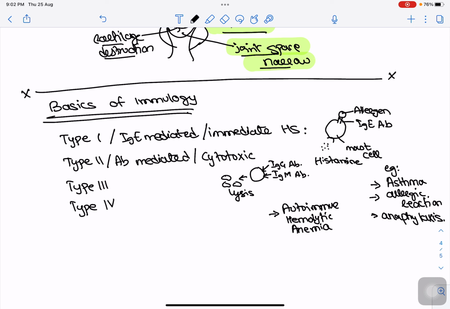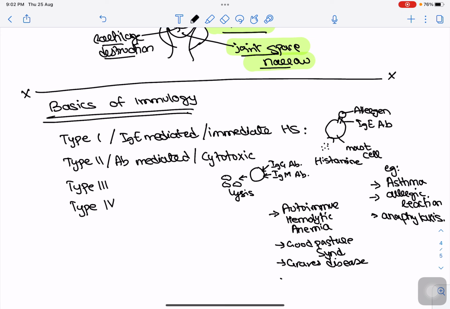Along with that, there is anti-glomerular basement membrane disease, or you may also say Goodpasture syndrome, which also is a type 2 hypersensitivity reaction. And then there's also Graves disease, and basically these are all autoimmune disorders because of the antibody formation in the blood, which binds to the cell and leads to the lysis or breakup of the cells.